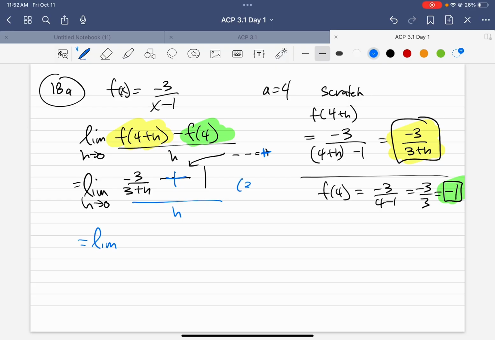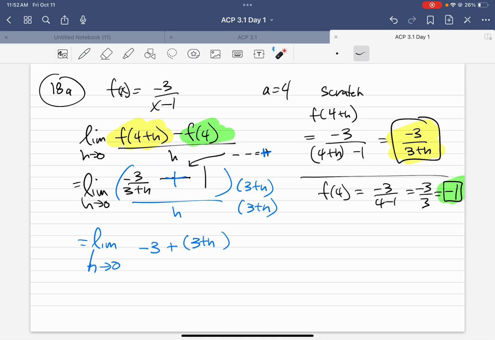So then to get rid of this 3 plus h, I multiply it on top and bottom by 3 plus h. So it hits the first one and gives me negative 3, hits the next one and gives me 3 plus h. So if I distribute this to here, the 3 plus h's cancel. If I distribute it to here, I just get 3 plus h. Then the denominator is h times 3 plus h.